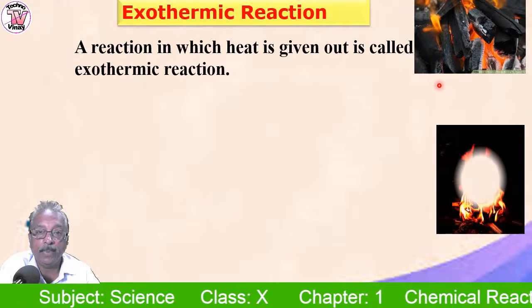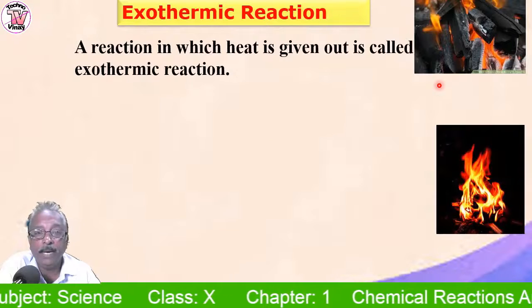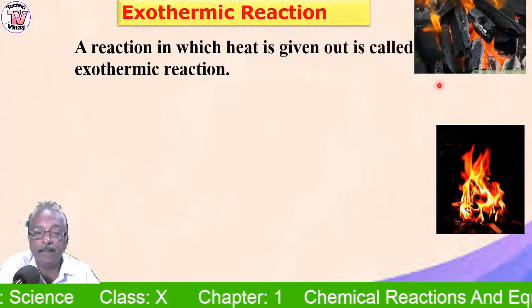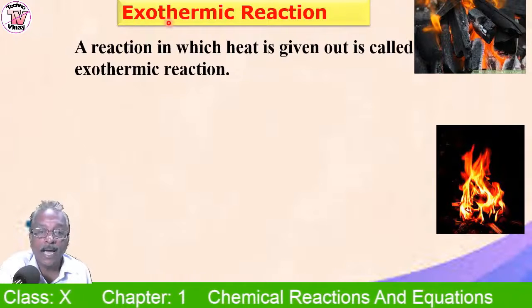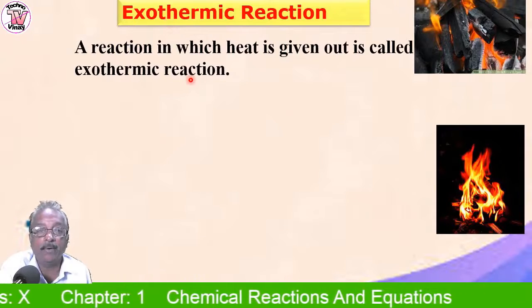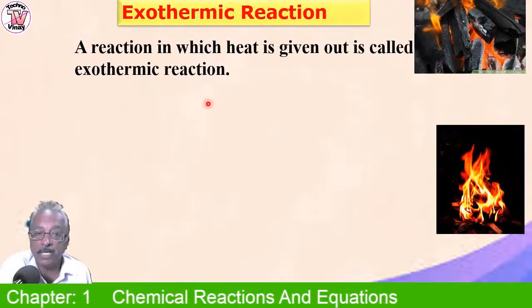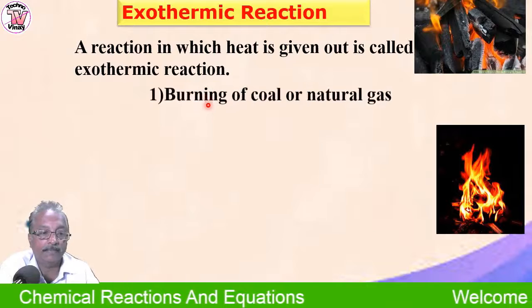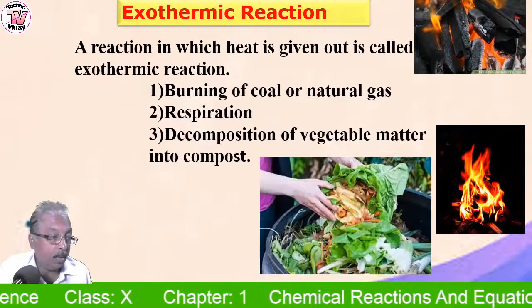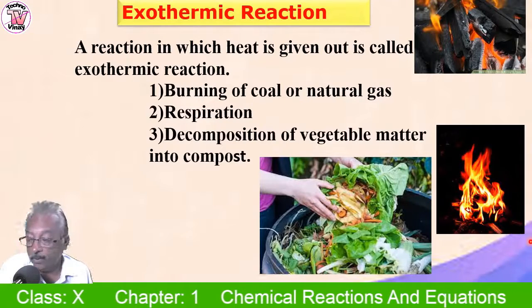Take one more example, burning of natural gas, maybe LPG gas or CNG gas. When it is burned, heat is given out. A reaction in which heat is given out along with the formation of product is called an exothermic reaction. Followed?